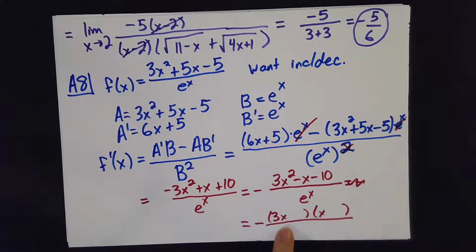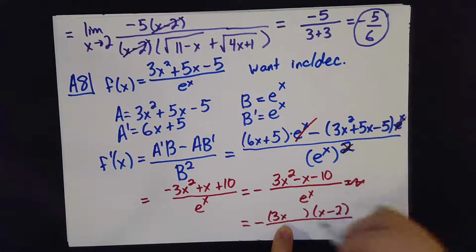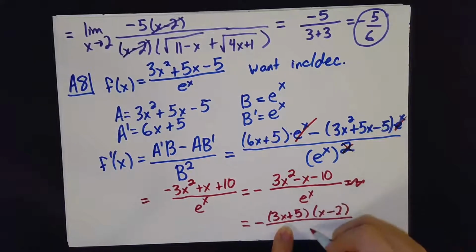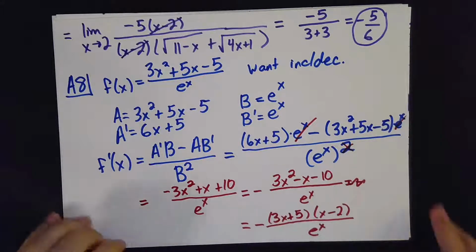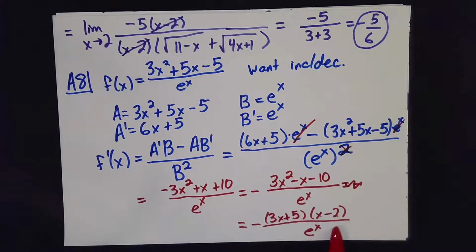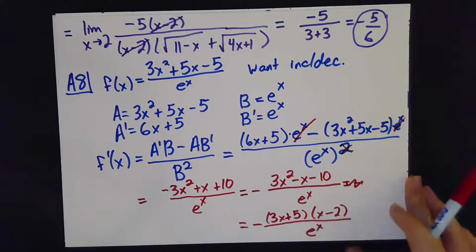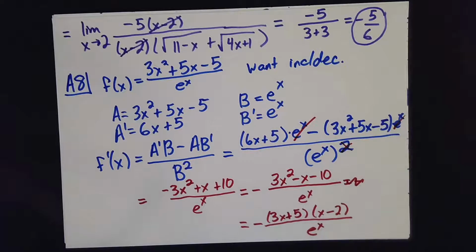Okay, so I want to say this factors like this. Okay, and notice, because this is a first derivative test question, I have not set anything equal to 0 yet.